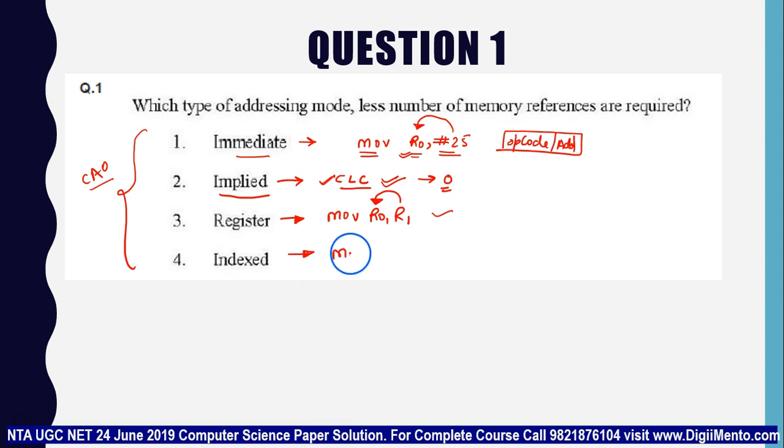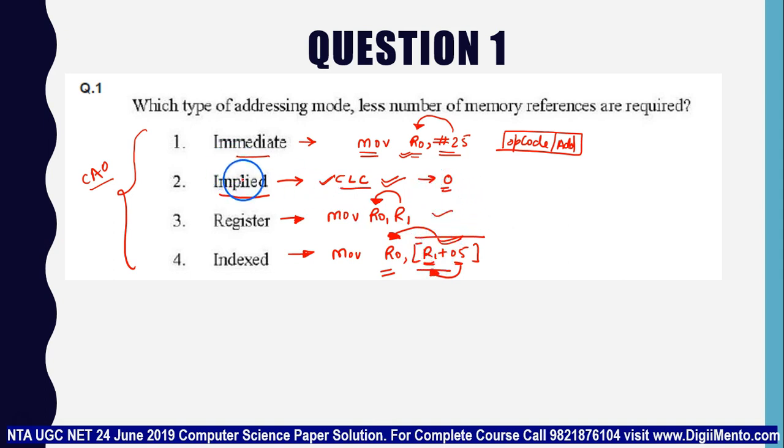For example, if you have the instruction MOV R0, R1 plus some value 05, you go to that memory location and perform the action. What is the action here? Take the address stored in R1, add this value 05 to it, go to that memory location, and move the data of that memory location to register R0. This kind of action can be performed here.